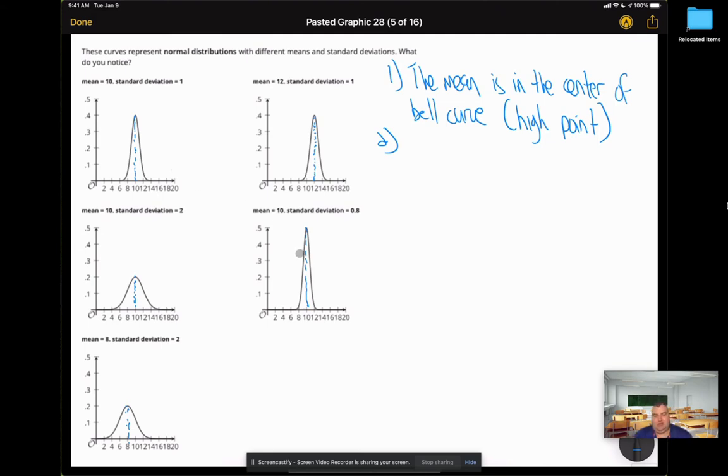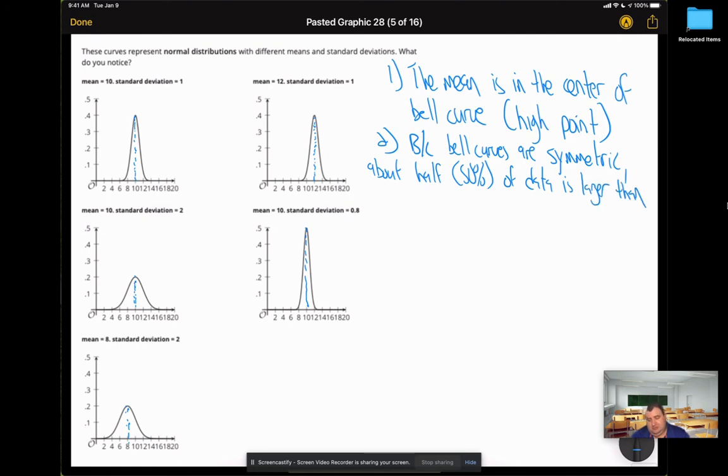Because bell curves are symmetric, about half, or 50%, of the data is larger than the mean, and about half, or 50%, of the data is smaller than the mean.